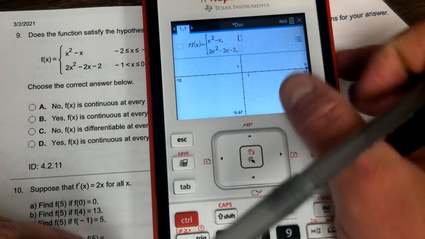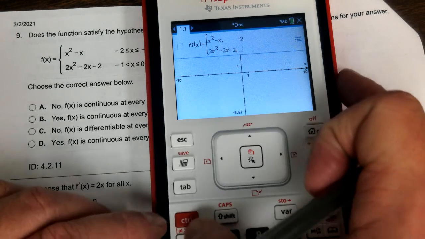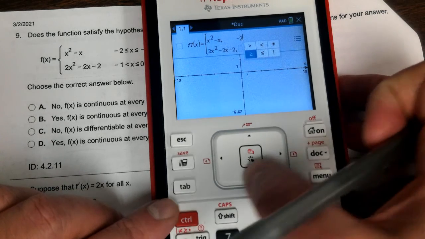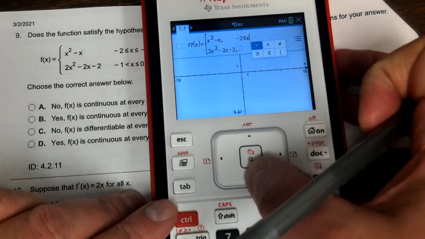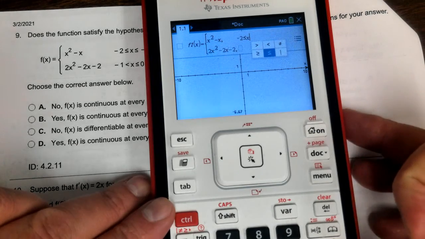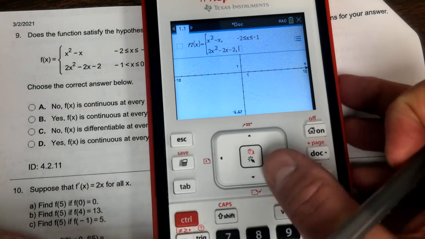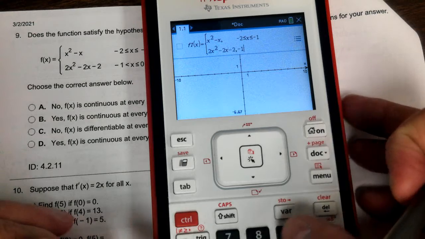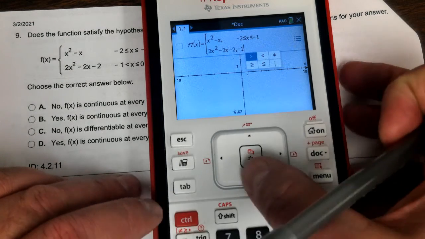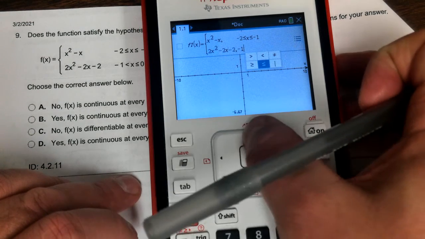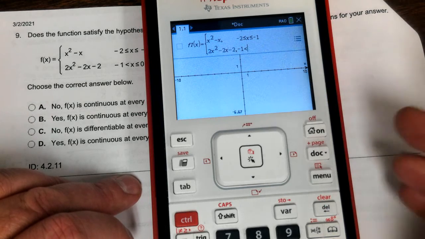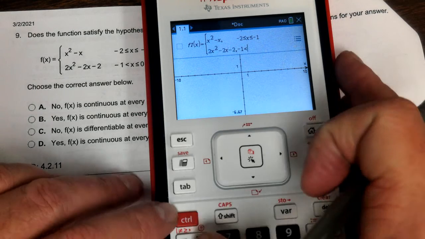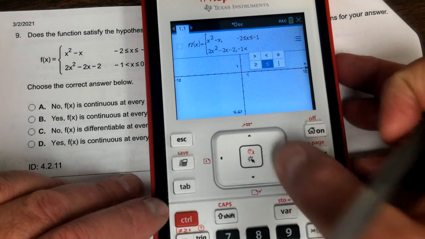So this interval would be negative 2 less than or equal to x less than or equal to negative 1, and this one would be negative 1 less than x, because it can't be for both. So negative 1 less than x less than or equal to 0.